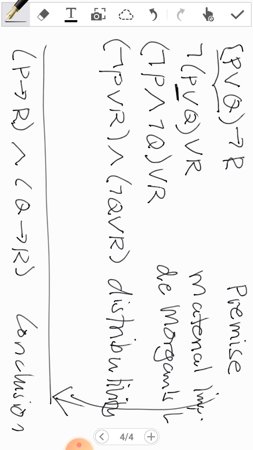You can use the left going to the right, or you can use the right going to the left. Therefore, if you will look at this line, you can again use material implication. But instead of doing it from left to right, we can now have it from right to left. Look at your material implication, number 8.